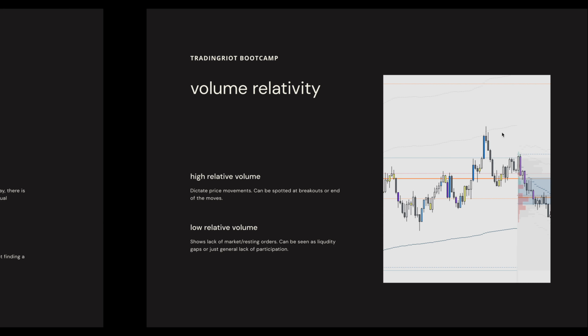At the end of this rotation you have a higher relative volume that marks out the top, because market orders are chasing the breakout, the limits are filling the other side, and the market sells off. Then a large relative volume picks up on the sell side, which drives this market lower.